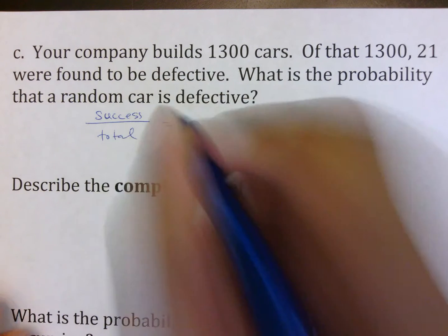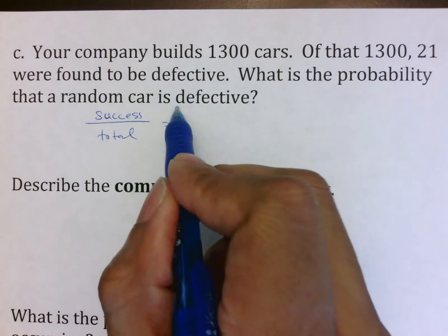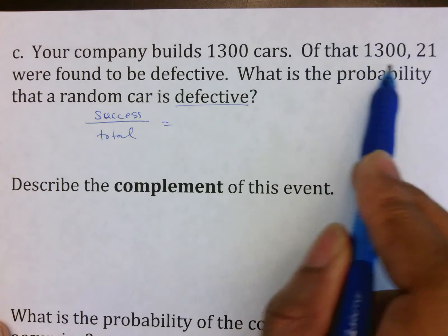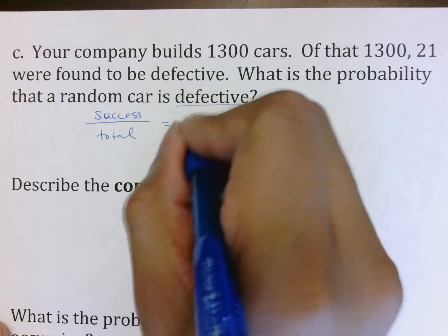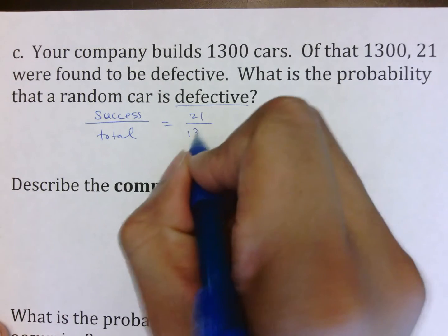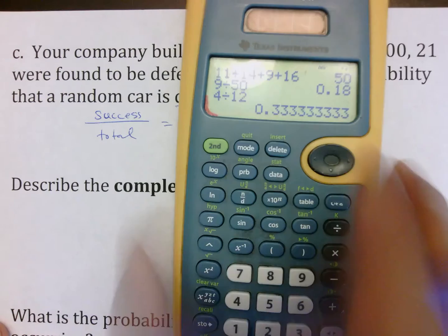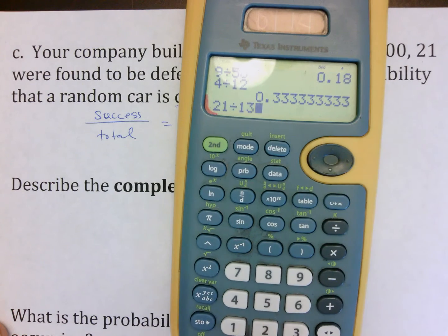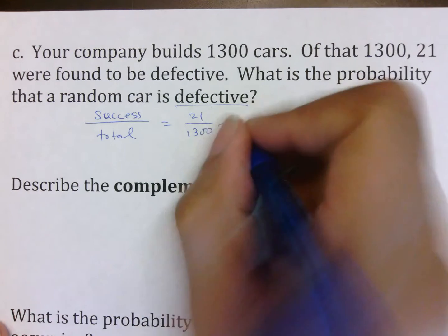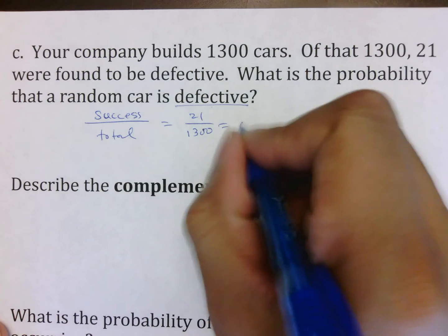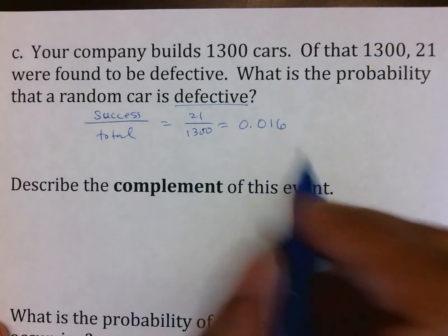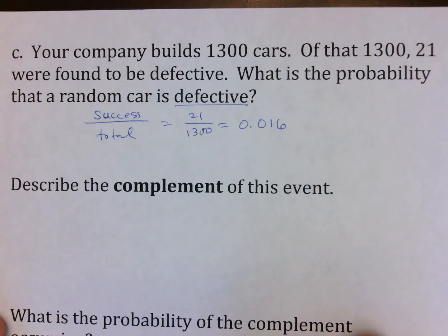And success doesn't mean a good thing, it means it's what you're looking for. If we want the car to be defective, success would be any car that's defective, and it says that 21 were found to be defective. The total number of cars out of that group is 1,300, and so you do 21 divided by 1,300, which is 0.016, which I'll go to the third number because that's good to do. So 0.016 is the probability that I end up with a defective car.